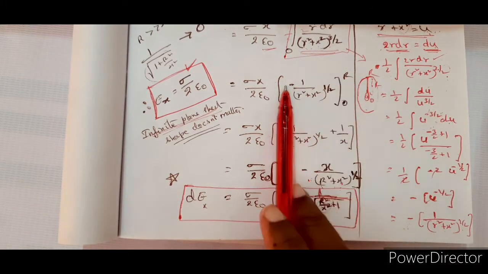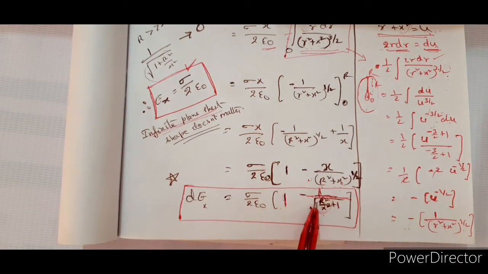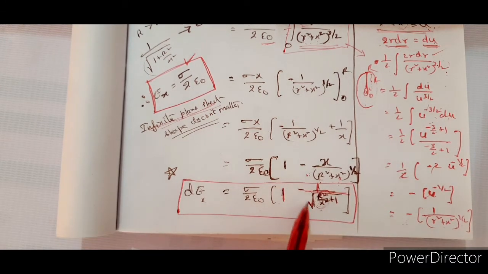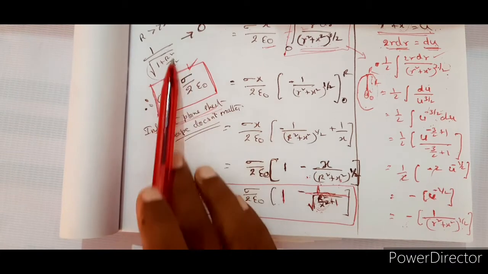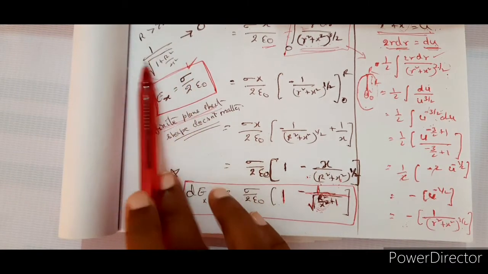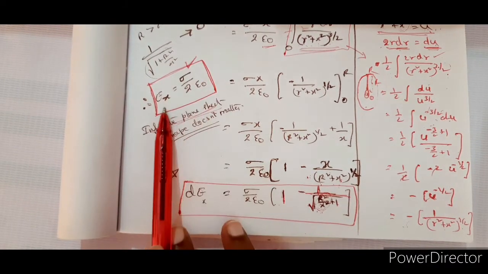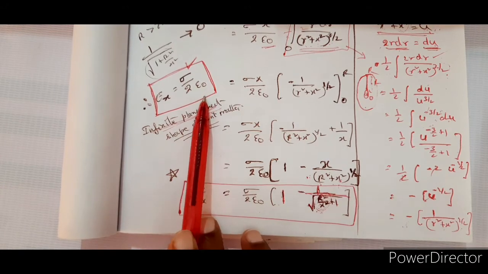So therefore you are applying the limits and then simplifying and bringing it in terms of r square by x square in order to make a comparative study of what is going to happen if x is greater or r is greater. Now when r is far greater than x, obviously this whole fraction tends to 0. Therefore Ex is equal to sigma by 2 epsilon naught.